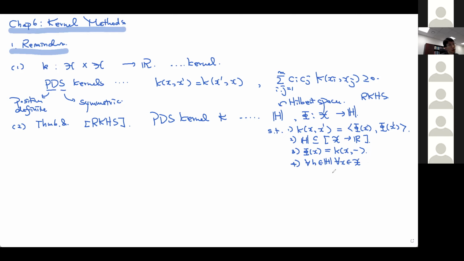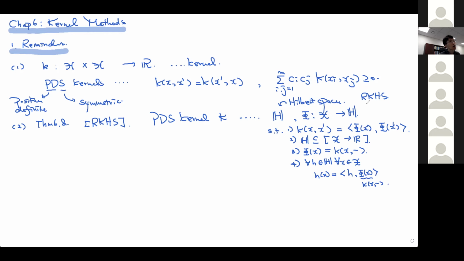But what this theorem tells us is that if you know the inner products with the features, then that also completely determines the behavior of the function. So h(x) is the same as the inner product of h and this feature of x. And the feature of x, by the definition, is the same as K(x, blank). So this is called the reproducing property.